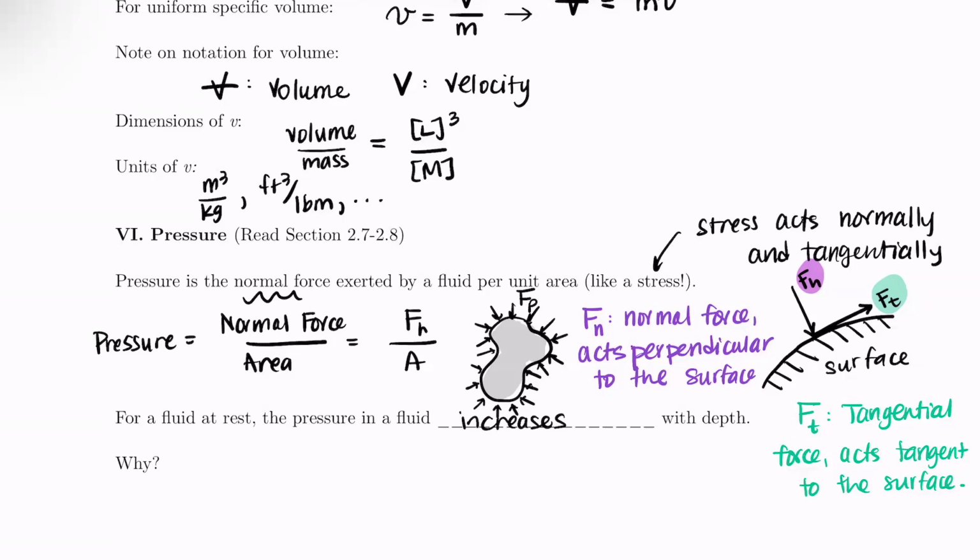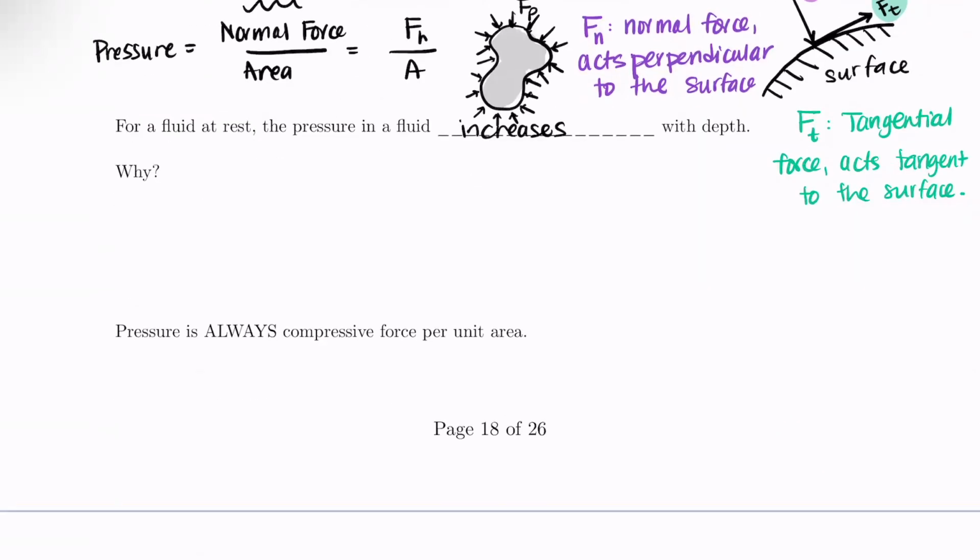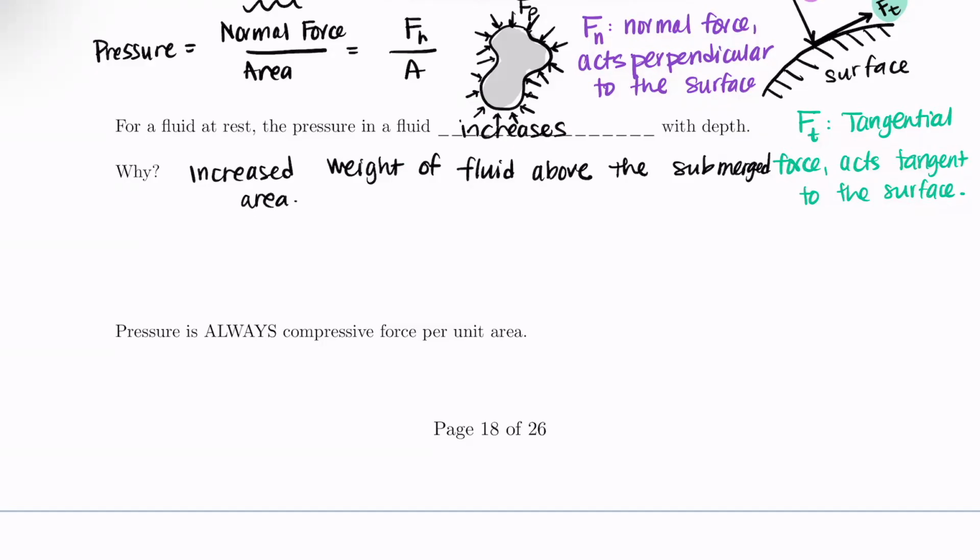Yes, that's exactly why. So the reason for this is the increased weight of the fluid above you, or the submerged area. All right, so if you were to look at a column of water, here's our column of water.